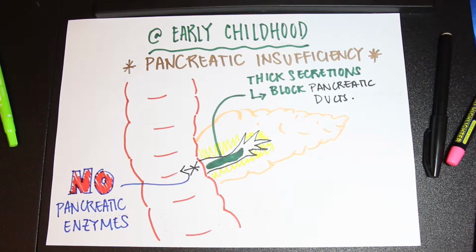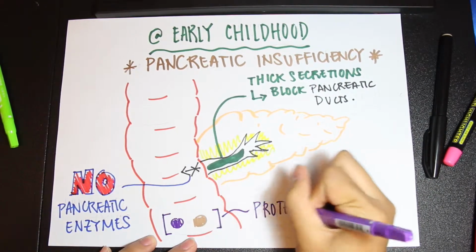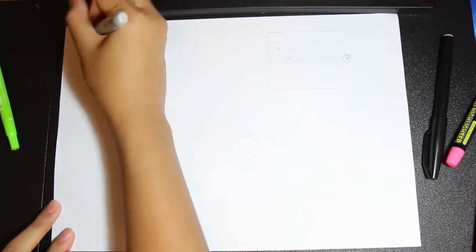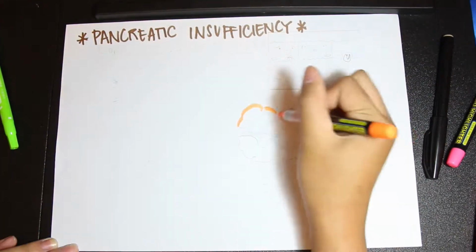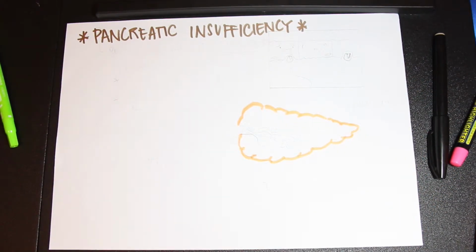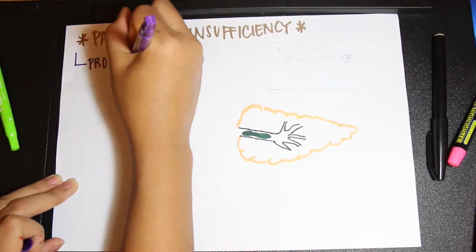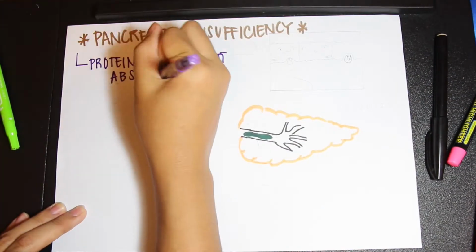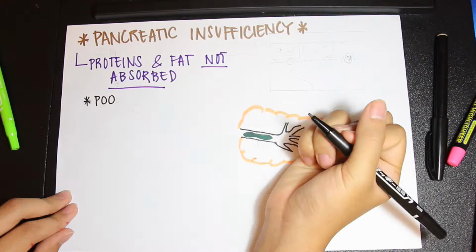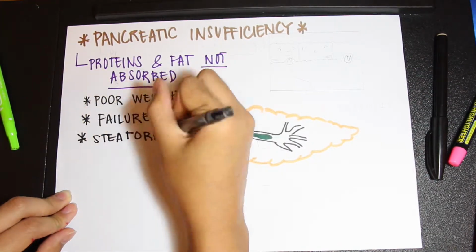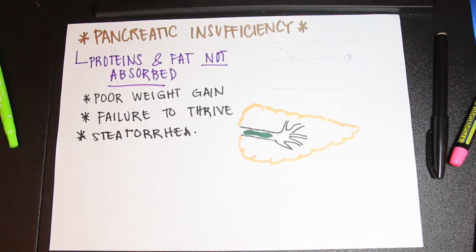Without the pancreatic enzymes, protein and fat aren't absorbed. And over time, this can lead to poor weight gain and failure to thrive. Fat malabsorption can lead to steatorrhea.